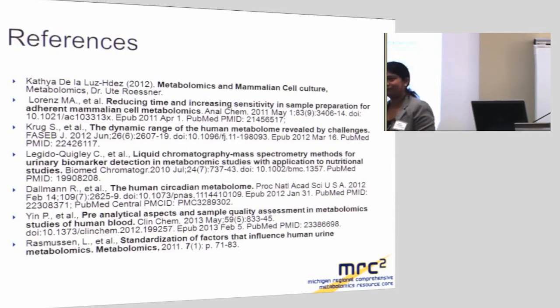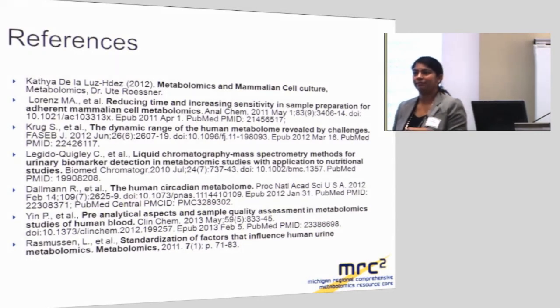For tissue culture cells, a lot of times what we suggest is, if you can grow another set of cells under the conditions that you can analyze, you can have a separate protein assay when you harvest the cells. Because you can do protein on the precipitate, but it's not as consistent as having a separate set of cells.